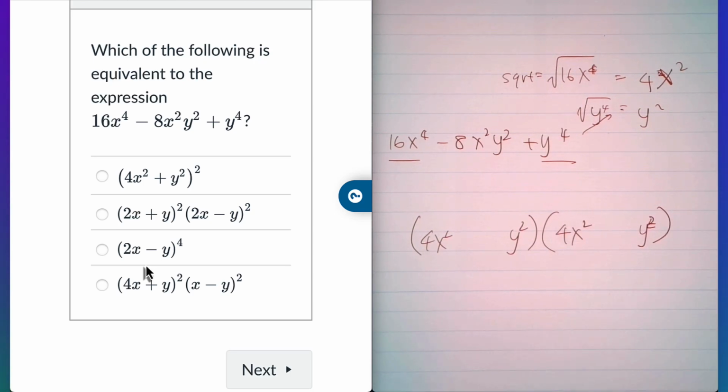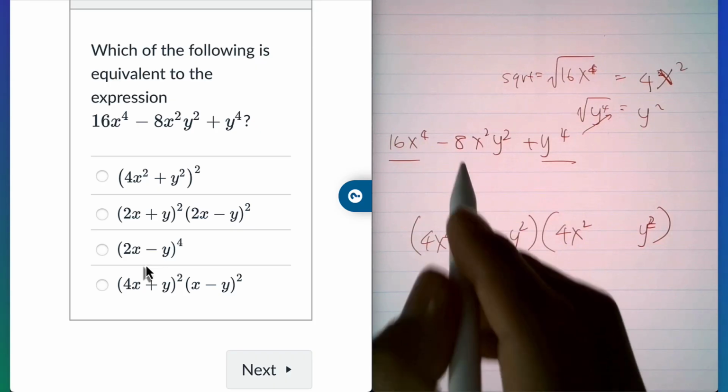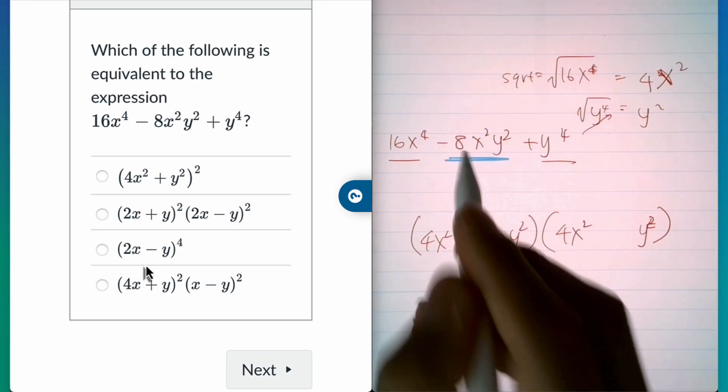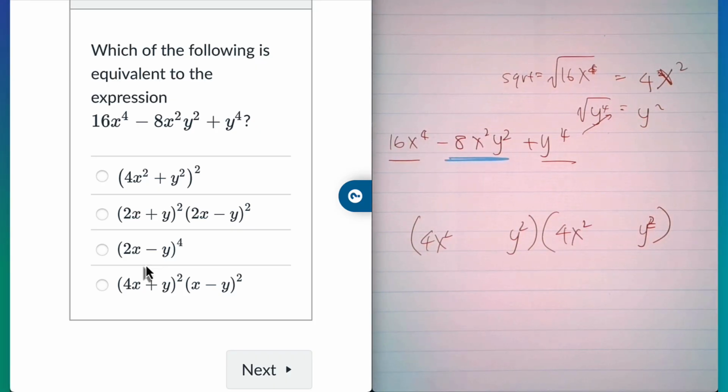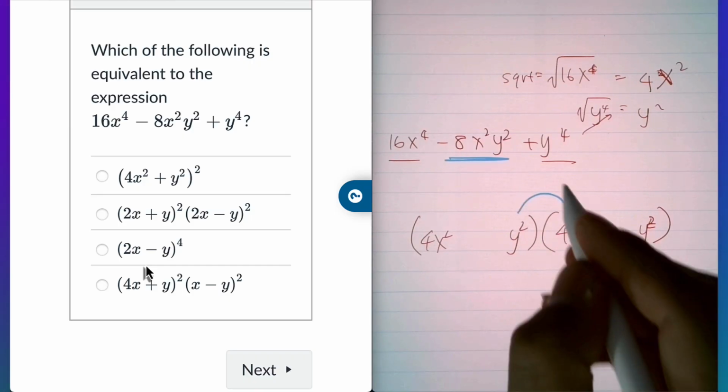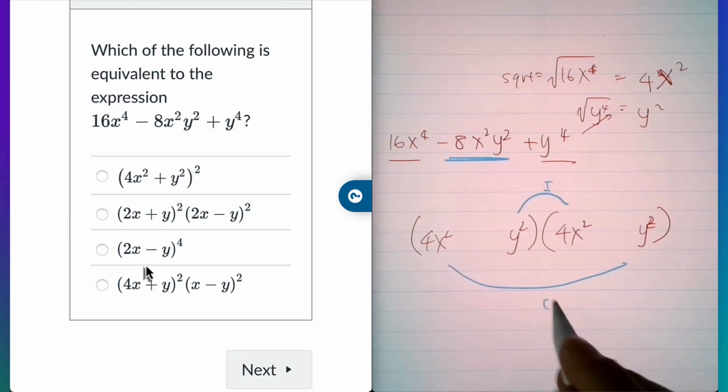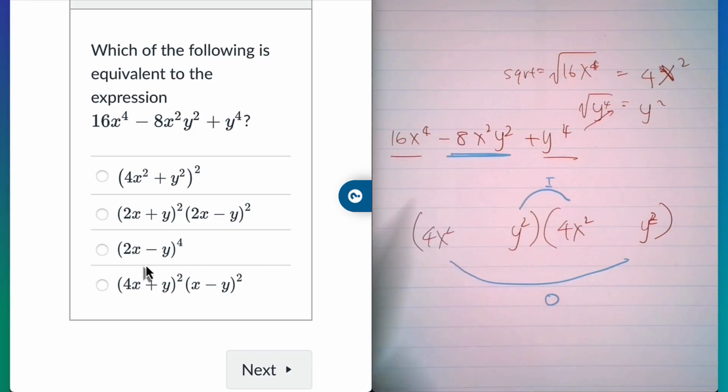Once you get this far, notice in the middle, we have x squared and y squared. When you do FOIL, the inside and outside terms are not canceling out, because if they canceled out, we should not have any middle term.